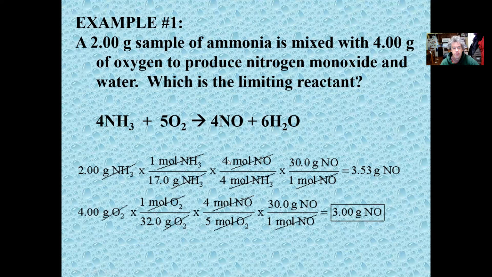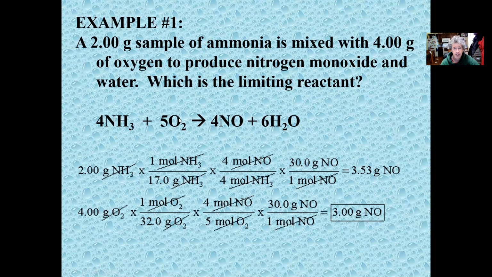So our molar ratio here is 4 moles of NO over 4 moles of NH3. That will convert us to NO. And then using the periodic table, 30.0 grams of NO are produced in every 1 mole. So moles will cancel and we get 30. So then 2.00 divided by 17, times 4 divided by 4, that cancels, times 30.0 equals 3.53 grams of NO. So that's how much you could make with your NH3.